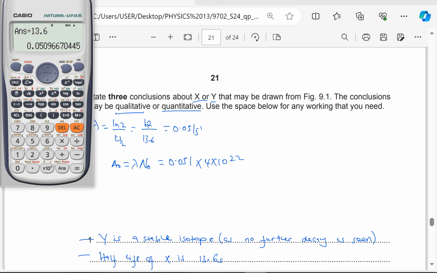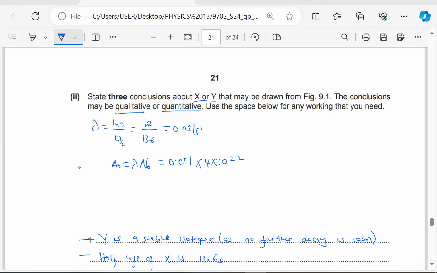What is the initial activity? 0.051 times 4 exponent 22. So it's 2.0 times 10 to the power of 21 becquerels.